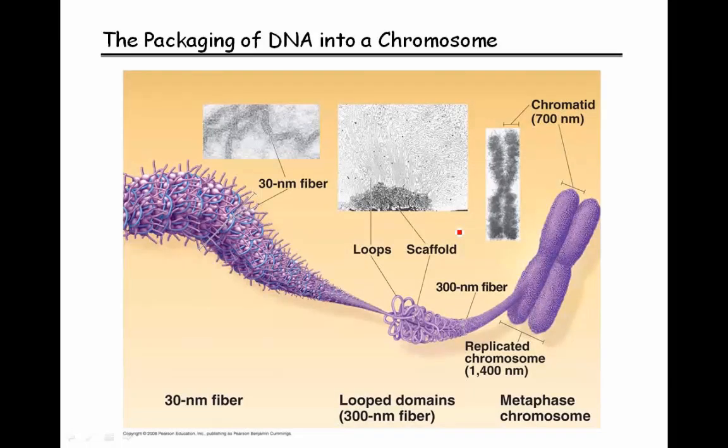So if it is a region of the DNA that contains information for making things that the cell needs on a daily basis, that would be a region of the DNA that's going to be more unwound or be less wrapped around proteins. And if it happens to be a region that we use on rare occasion, then that would be an area that's going to be more wound up inside the cell.